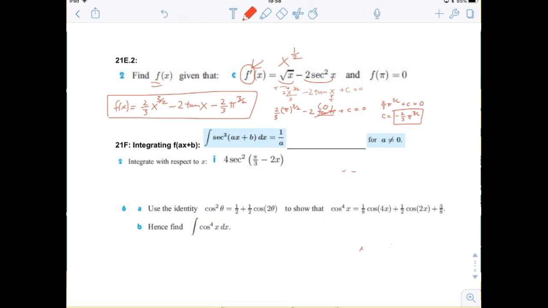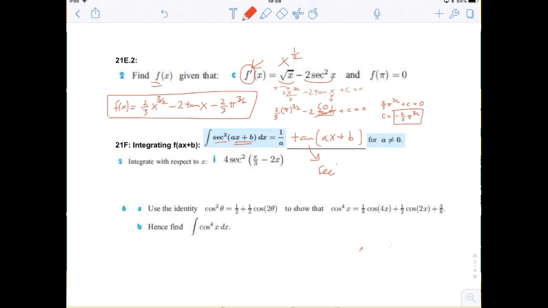Okay? So, basically we know that the integral of secant squared is tangent, right? So basically we just do kind of like a chain rule. So we put the same function inside as we do here, right? And then we test it. We could test it by taking the derivative of 1 over a tangent ax plus b.